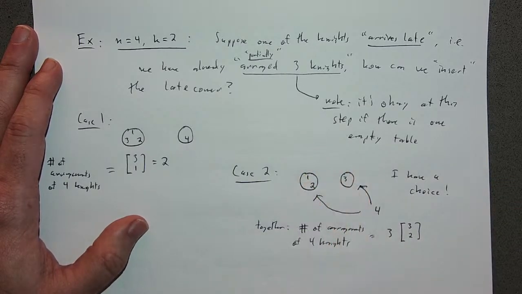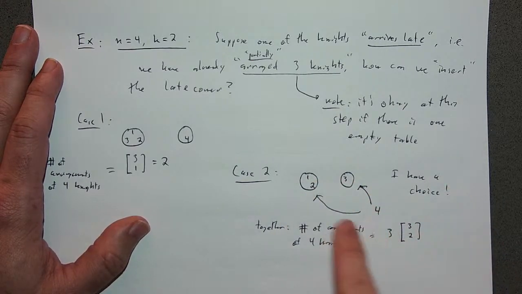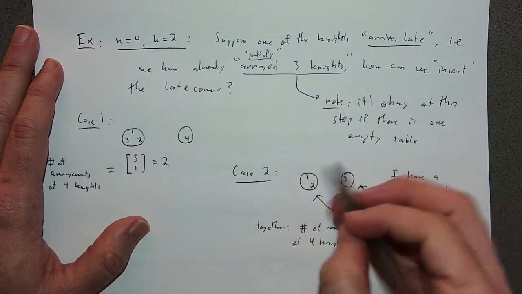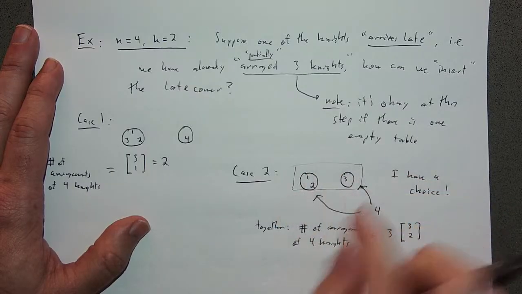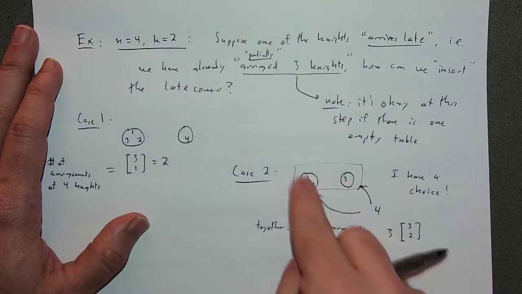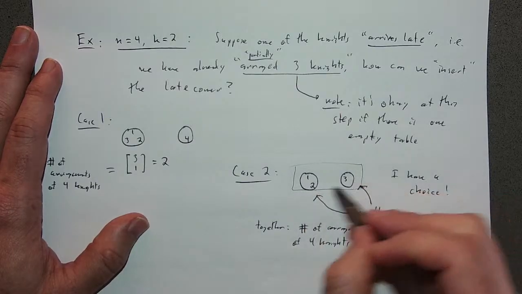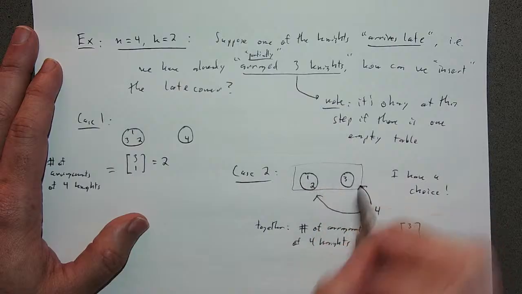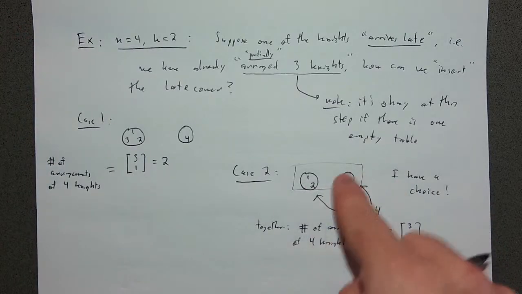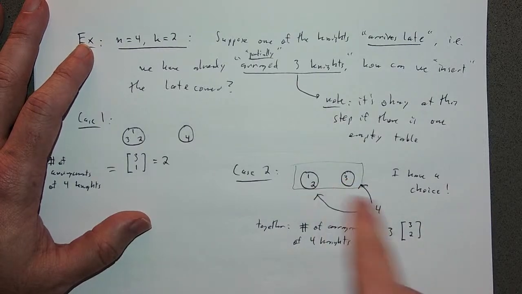There are 3 options here, 1 and 2 options here, so that's 3 options, and then what I'm counting on top of that is the number of ways to seat 3 knights at 2 tables, which is the number of different ways that these first 3 knights could have been arranged, right? Because I'm showing you one particular arrangement, but of course, knights 2 and 3 could sit here, and knight 1 could be the solo knight. Any of these 3 could be the solo knight at the table. And so it's 3 times the Stirling number 3-2 here.